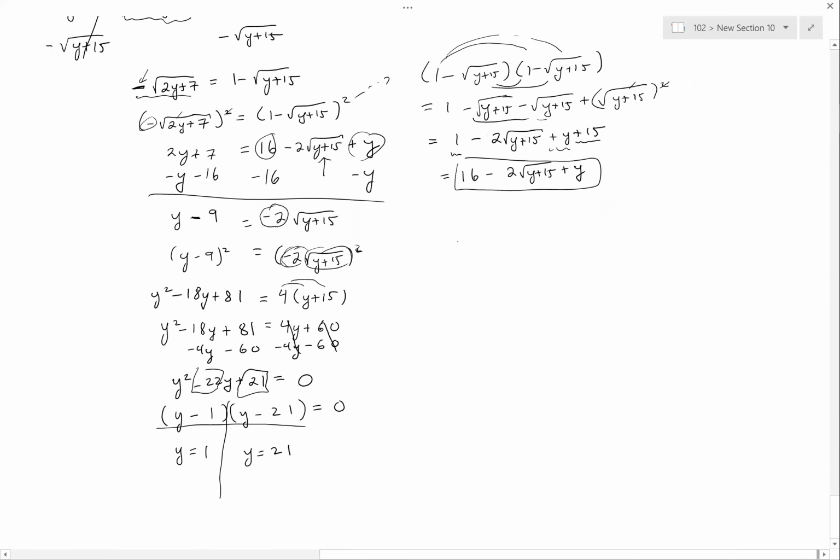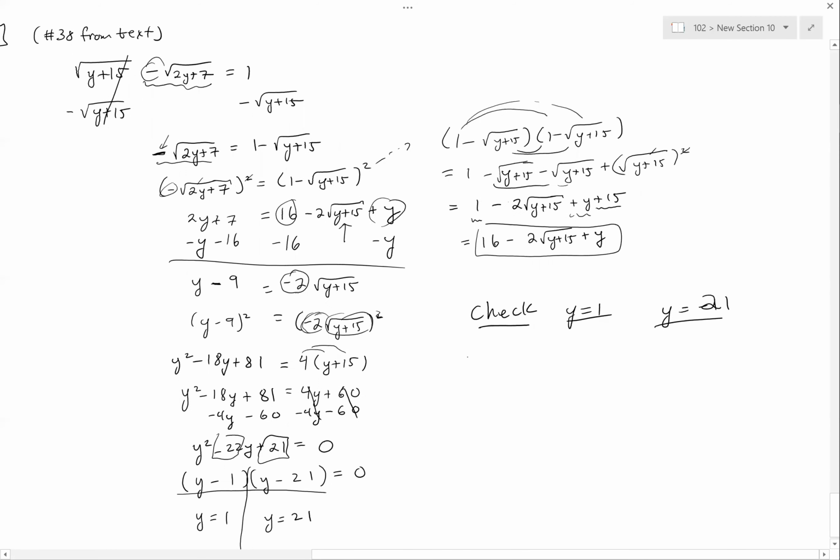So now let's check. I'm going to check each of these: y is equal to 1, and y is equal to positive 21. Rewrite the original equation way up here.